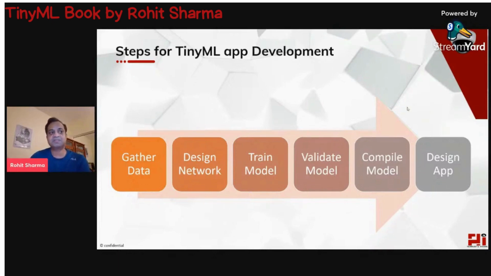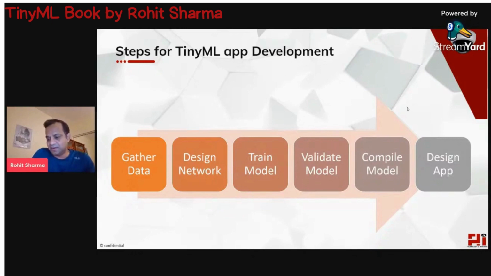Because essentially the model sees data it has never seen before, so you're validating whether it brings out similar accuracy on data it has not seen before. So that's model validation.